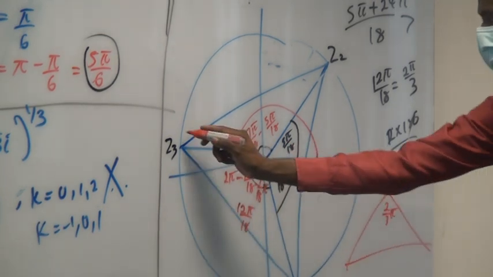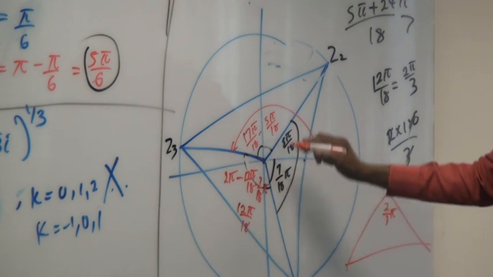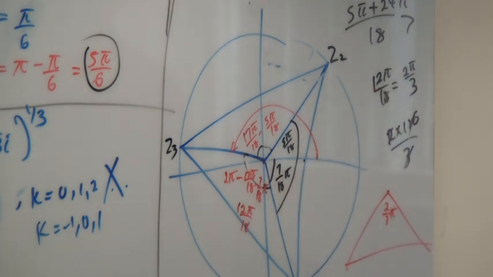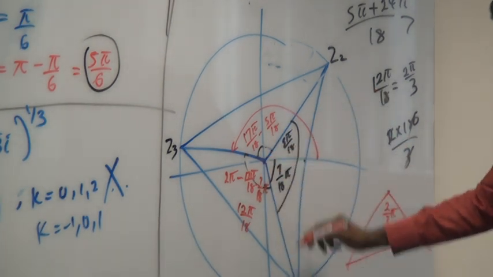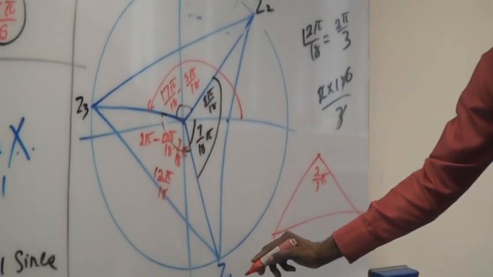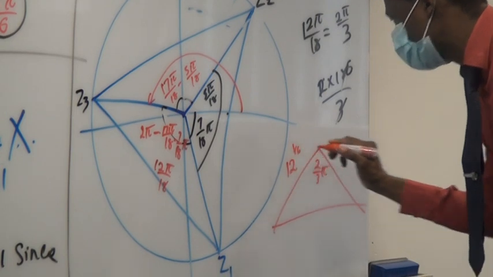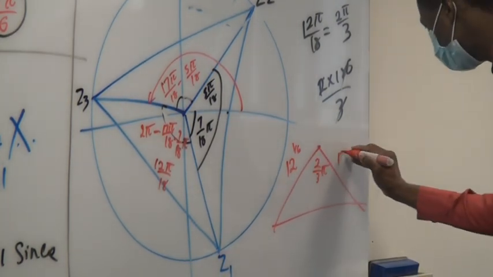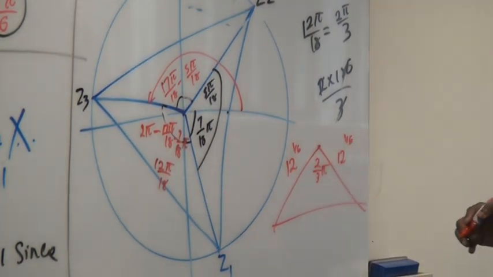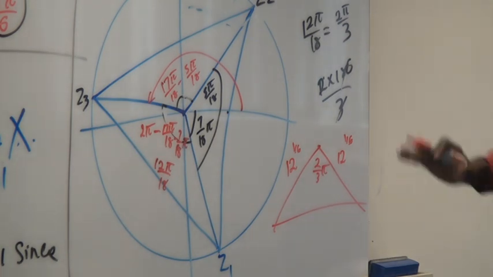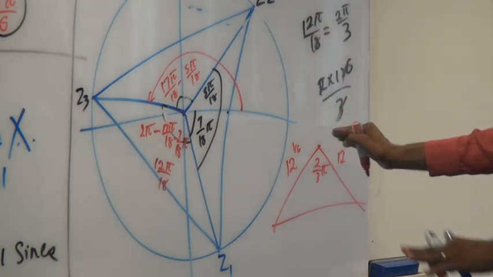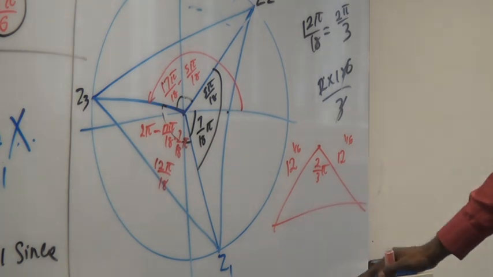And what does this line represent? The modulus. Isn't that the length? The modulus is your 12 raised to power 1 over 6. The same thing, 12 raised to power 1 over 6. So the area of the triangle represented here is just the area of one of them times 3.